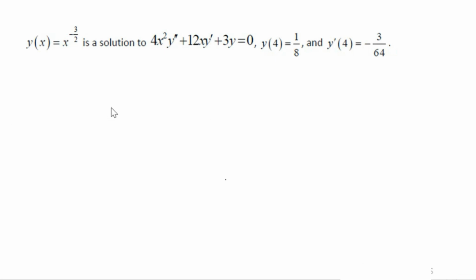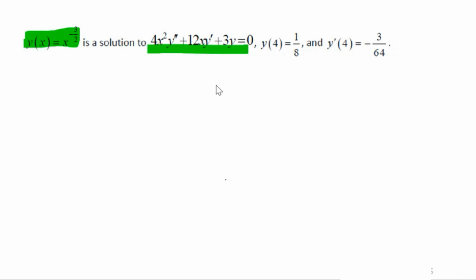So to solve for this, we need to satisfy the two conditions. First, the given equation of y of x equals x to the power of negative 3 halves, we have to show that this one is a solution to the given differential equation. That's the first one.